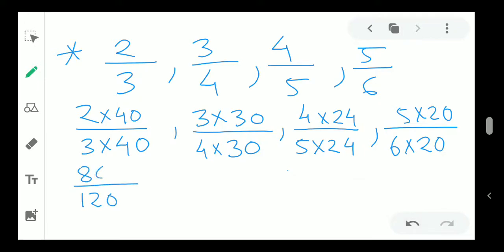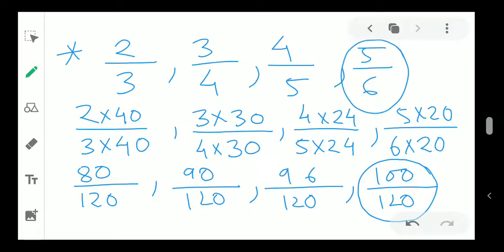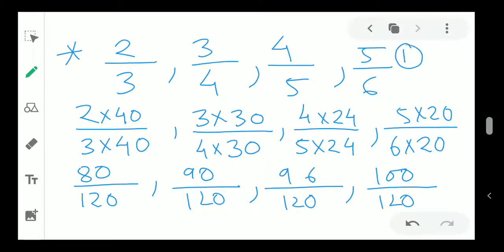So this is 80 by 120. This is 90 by 120, this is 96 by 120 and this will be 100 by 120. And now you can arrange, like you know that this is the biggest one. So I'm giving a name here. So this is 1, the first one, biggest one.